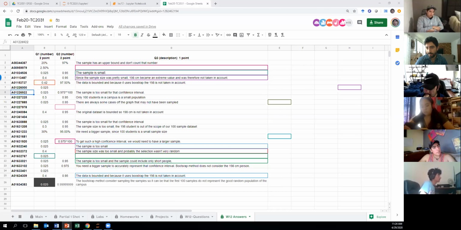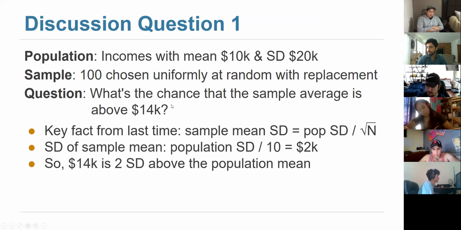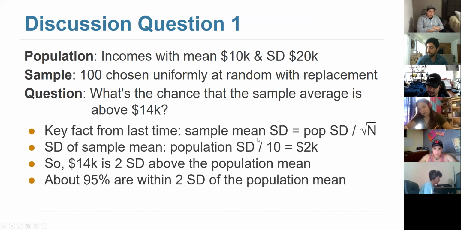Okay, because I stopped recording, I explained the first one again. So that was the question. You should remember the sample mean standard deviation. We already talked about this equation. The sample mean standard deviation is your population standard deviation that we already have, divided by the square root of the number of the samples, which is 10 or 100 here.